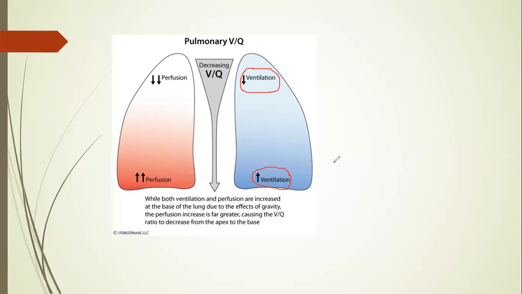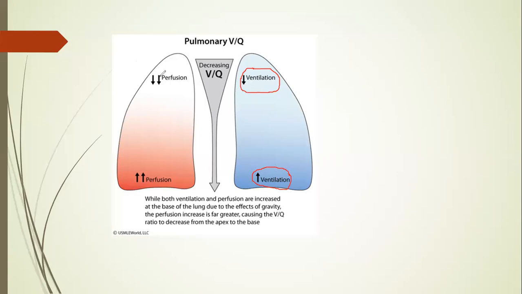Yeah, so the large alveoli have less surfactant, and therefore the ventilation is low. So when they start to expand, they won't expand as much as the small alveoli. So the ventilation will be greater at the base.